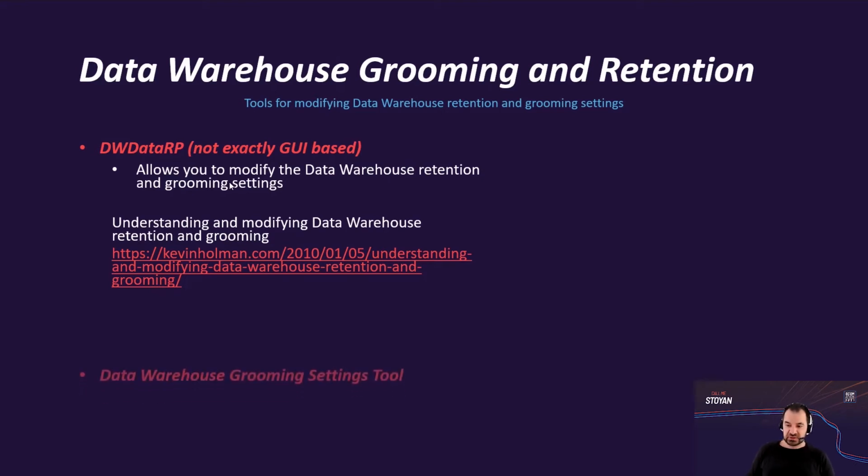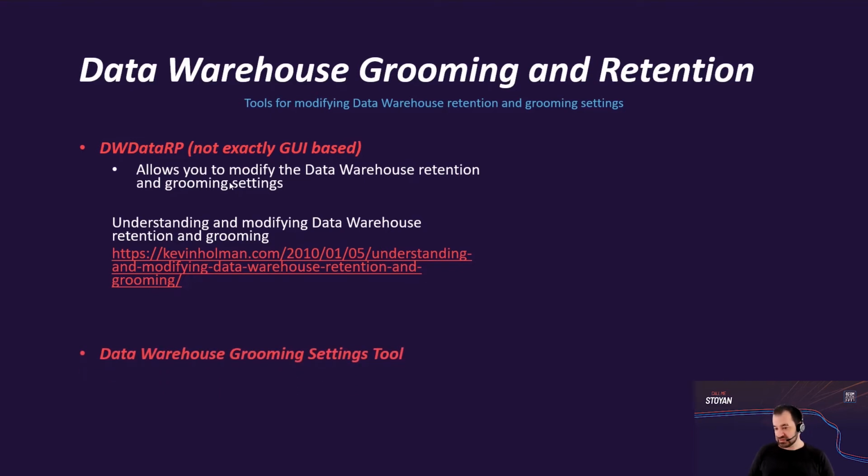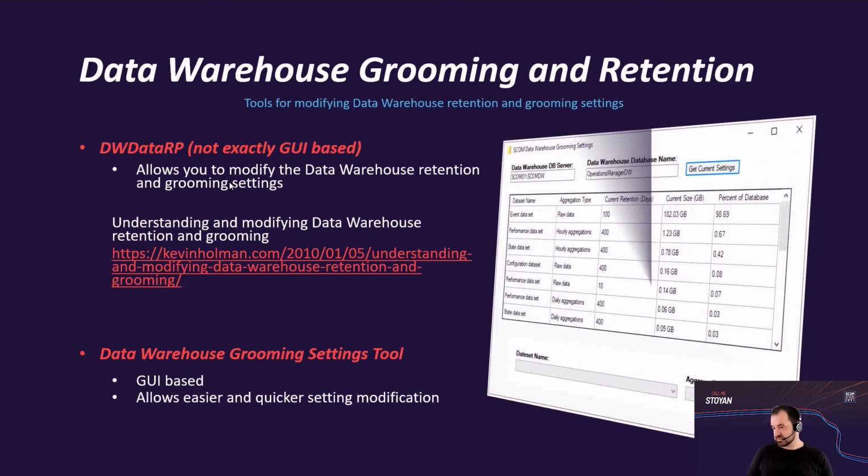What's very interesting is that in the past couple of years, there is a tool which is GUI-based, which does the same thing. And this tool really allows for easier and quicker modifications of all the retention and grooming settings. And it looks like this.